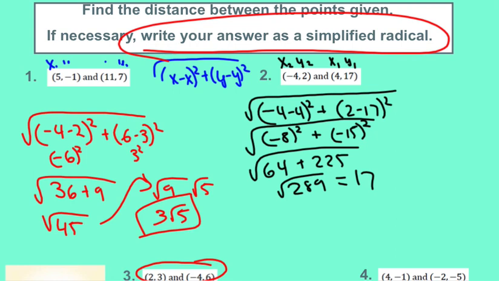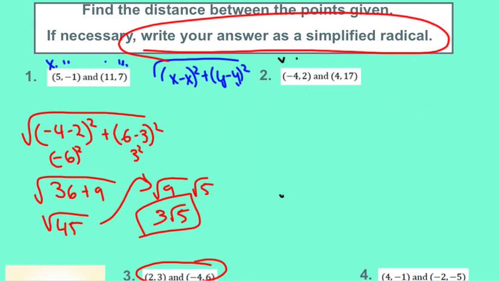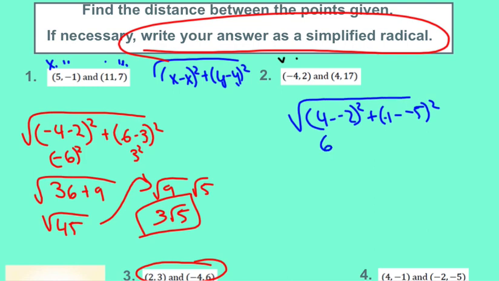So for number 4, we'll erase part of number 2 here, give ourselves a little room to work. Number 4, let's go this way. If I go 4 minus negative 2 squared plus negative 1 minus negative 5 squared. So this becomes 6 squared.